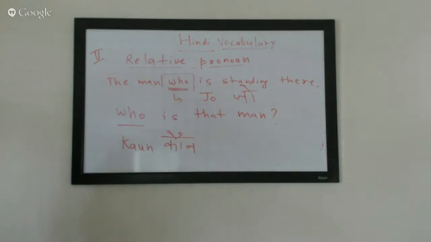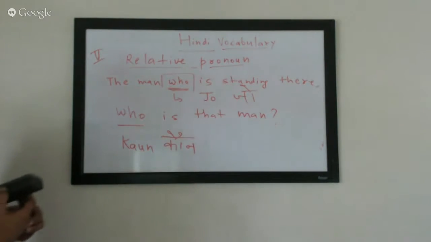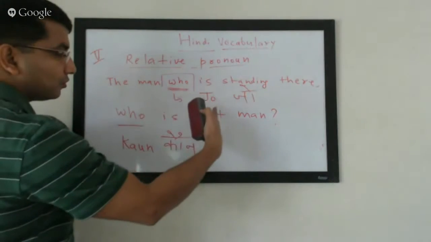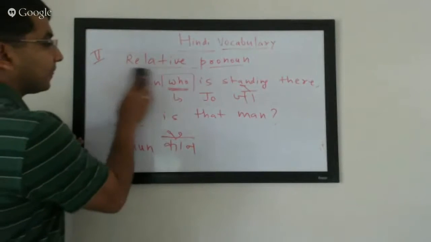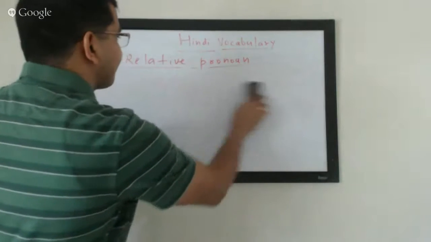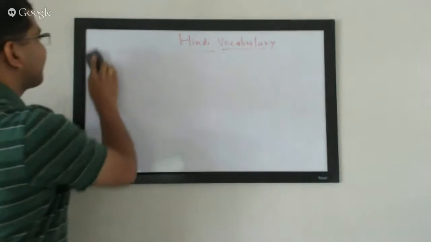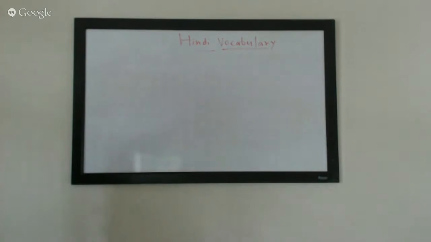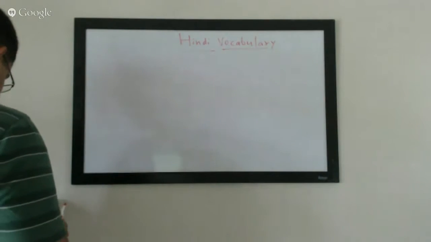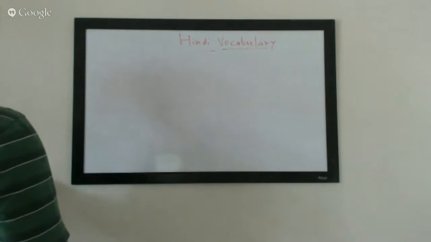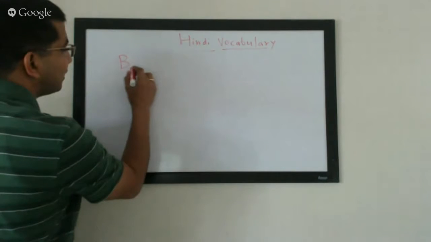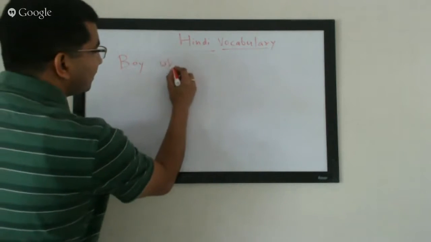So now let's go over some examples of using "who" as a relative pronoun. I'm going to use it in a very simple fashion: boy who is singing.